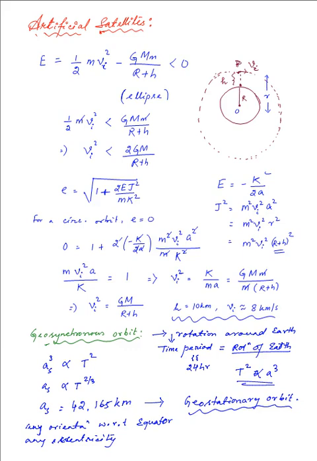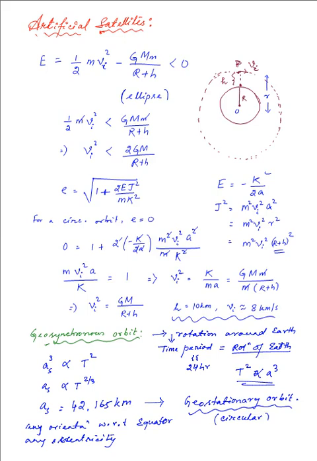It has to be stationed over that point, and therefore the eccentricity must be 0, which means the geostationary orbit must be circular. It has to be geosynchronous, obviously synchronized with the rotation of the Earth, but the orbit must be circular so that it stays over the geographical point over the Earth.